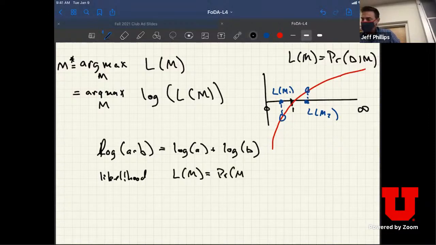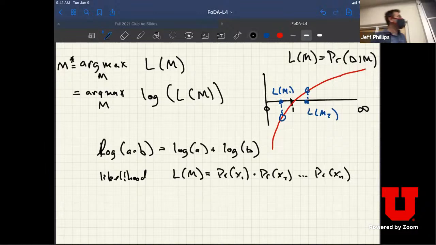So it's going to be like the probability of x1 times the probability of x2 times the probability of xn. So the likelihood will be a product of things because of independence.